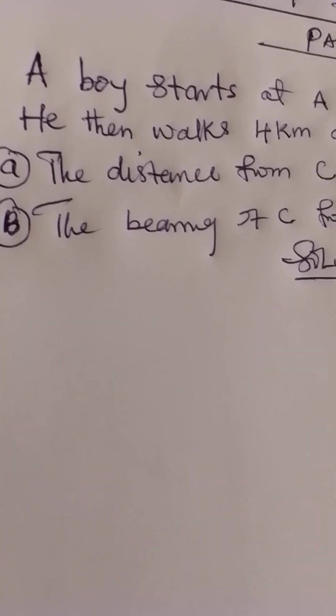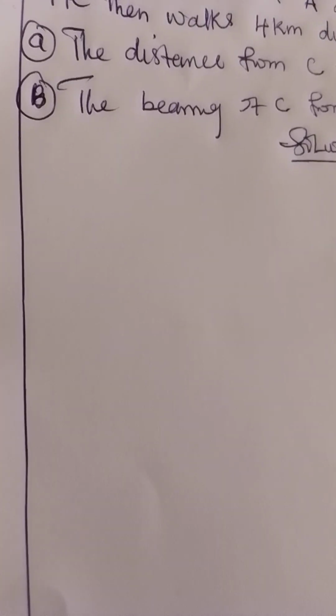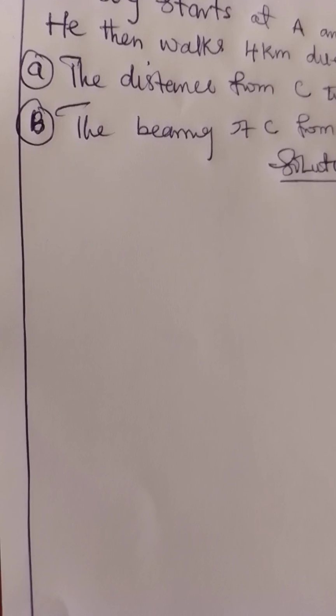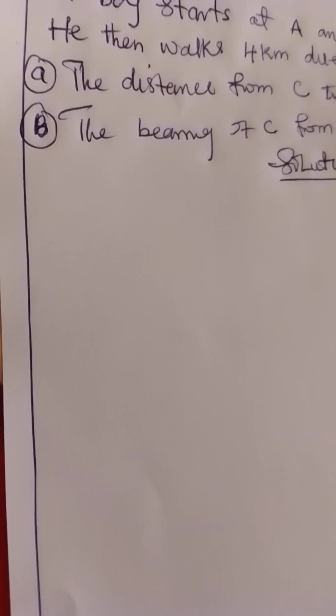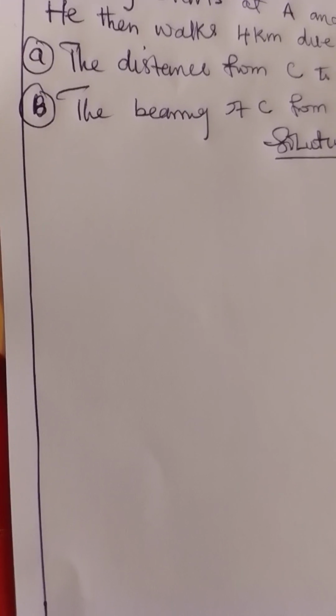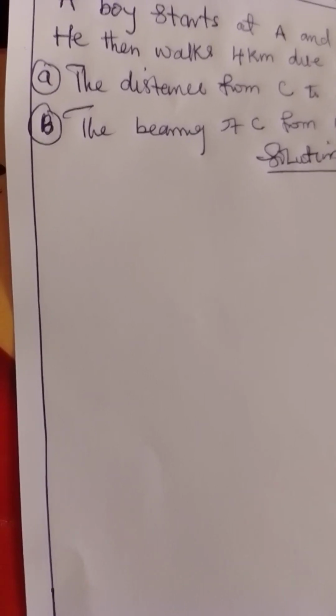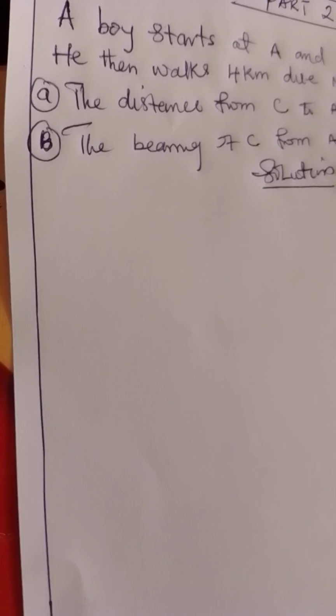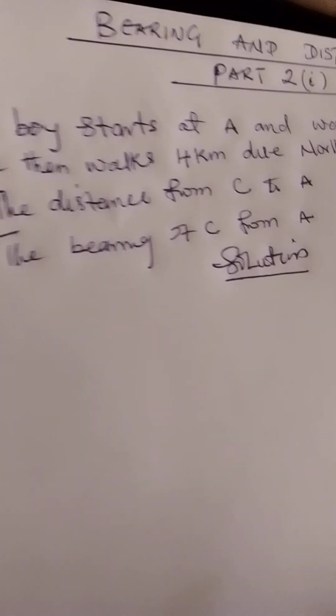Before we start solving this, we will have to appreciate where our A, B, and C will have to fall. Remember, I told you that the second bearing would take its place from the first. What I mean is this. Before you place your bearing, you have to be very careful of the question.